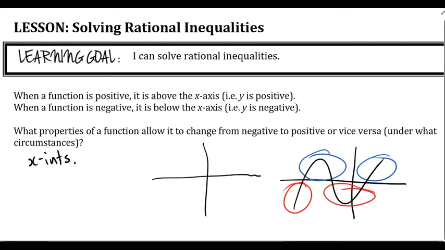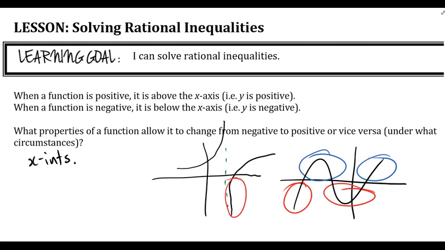If I draw in an asymptote, and I draw some random function, positive, and then all of a sudden it crosses the asymptote, negative. Now this one happened to cross back over just because I was scribbling it, but for a while here it's negative, and then positive and positive. So specifically a vertical asymptote.